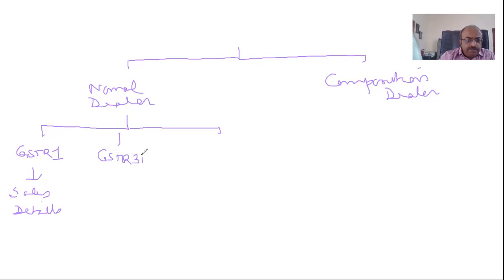GSTR 3B is the net tax details. There is output how much, input how much, balance tax how much. GSTR 9 is the annual return.